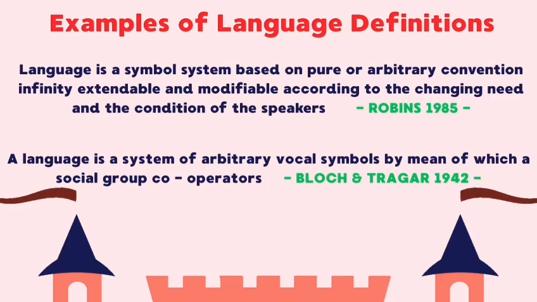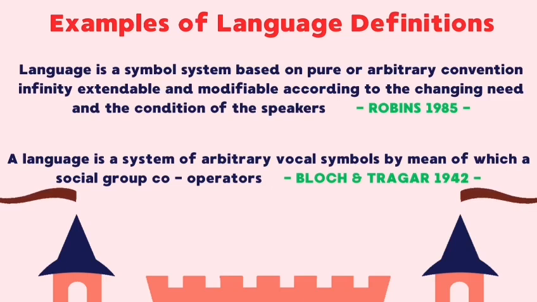The next one is Bloch and Trager's definition. They say language is a system of arbitrary vocal symbols by means of which a social group cooperates. That is the meaning from Bloch and Trager in 1942.